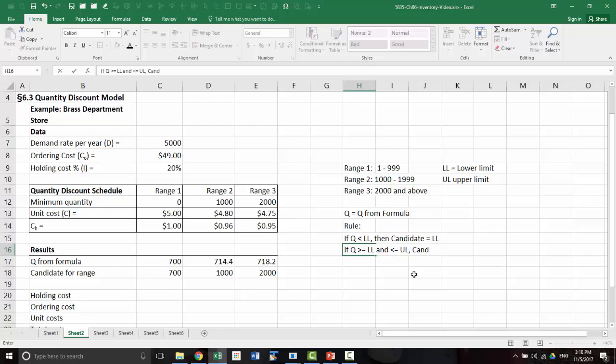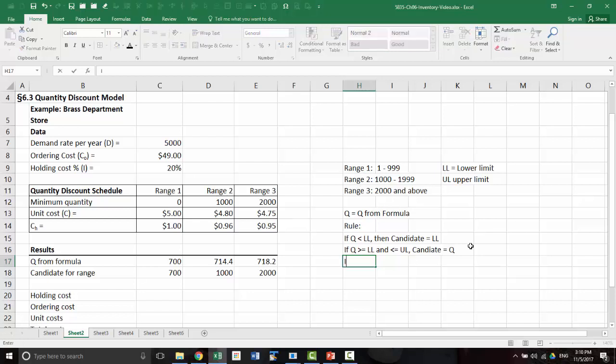Then the Q from formula is valid for that price. So candidate is equal to Q from formula, which is Q itself. So if Q is between the lower and the upper limit, then you leave it as it is.